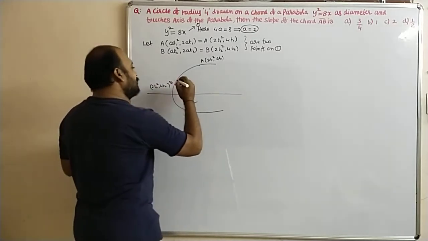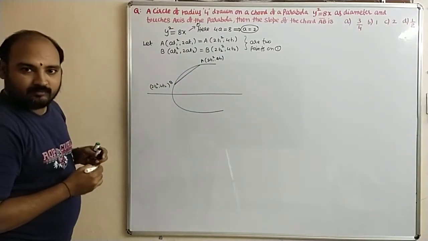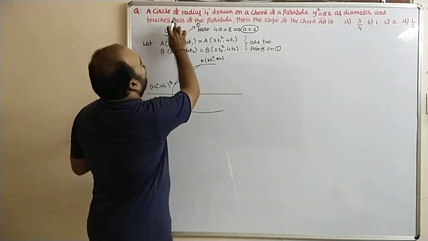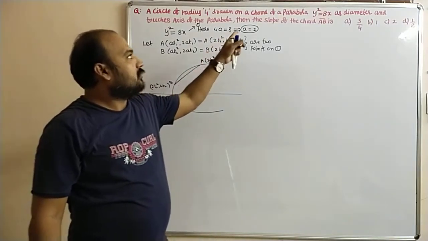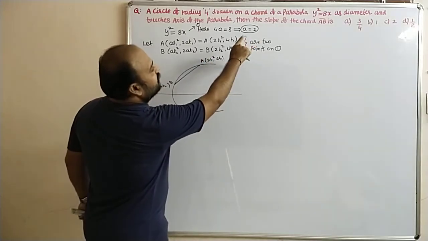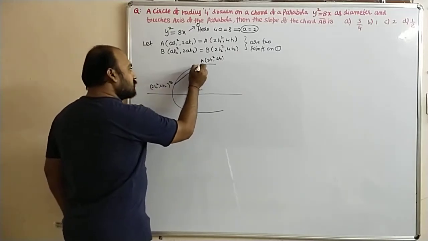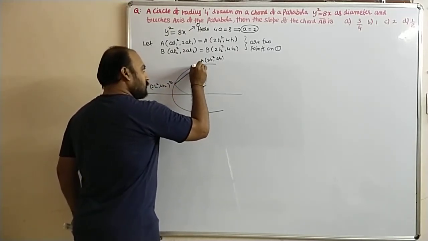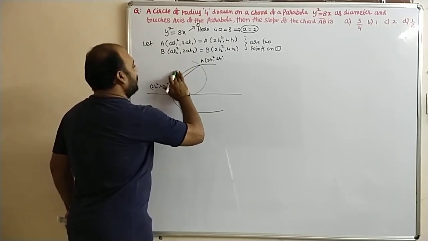Now join these two. This is the chord of the parabola, and the circle of radius 4 is drawn on chord AB and touches the x-axis. Observe the figure. Like this the figure will be.